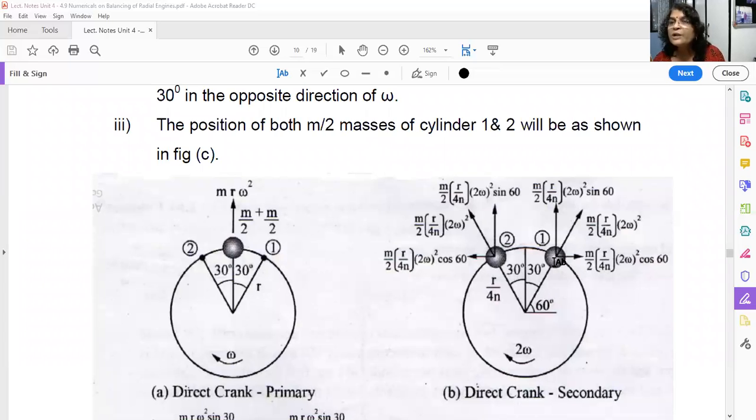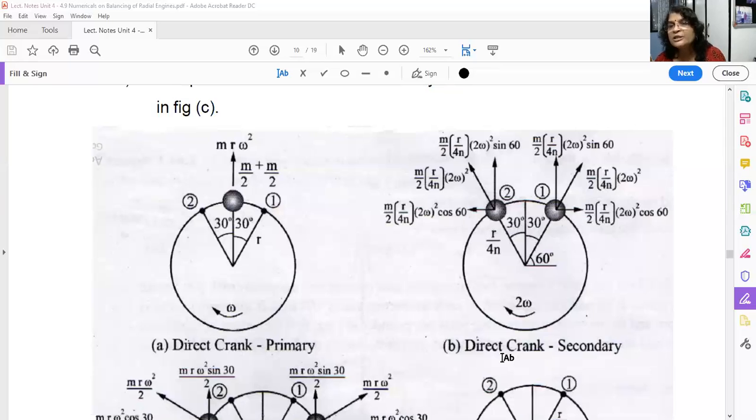So you have to rotate line of stroke of cylinder number 1 by 300 degree in clockwise direction. 300 will come here. Okay. So here m by 2 will come. Then cylinder number 2 is this line of stroke. You have to rotate it by 60 degree in the clockwise direction. So it will come here. So 1 m by 2 is here, 1 m by 2 is here. Okay. We will analyze the forces later on.